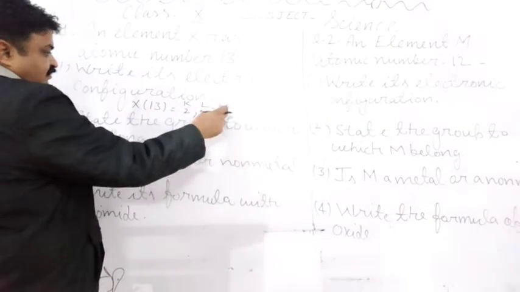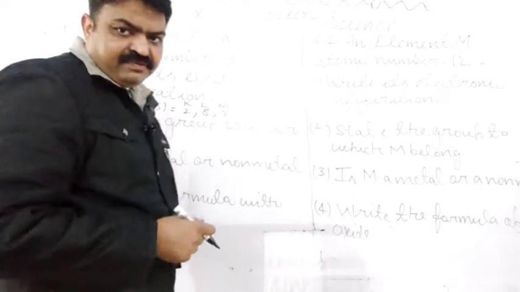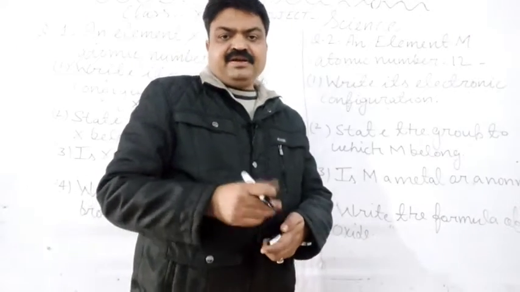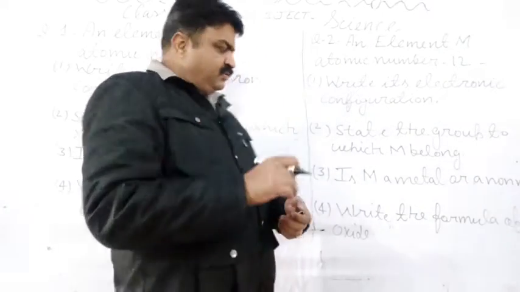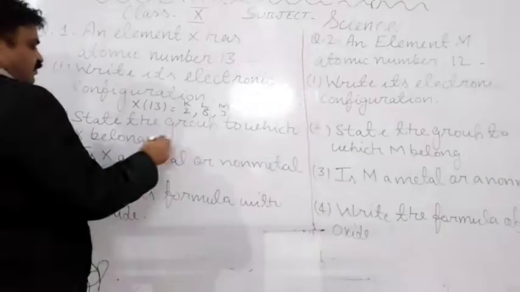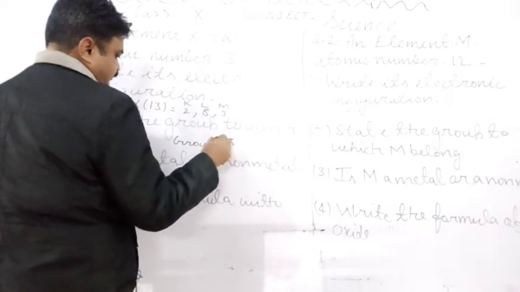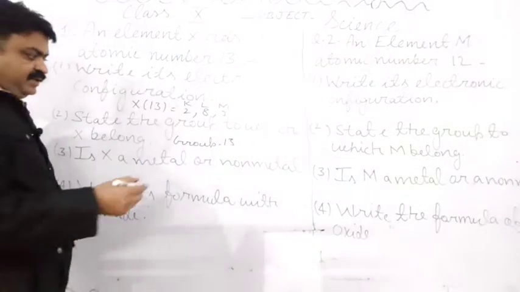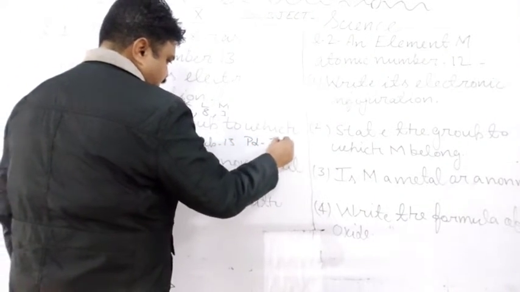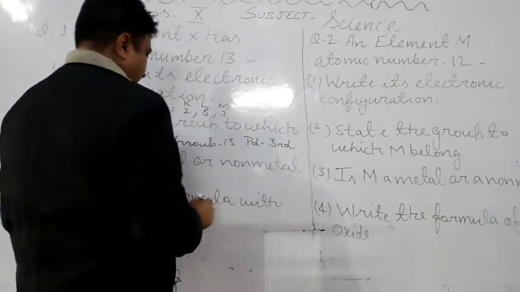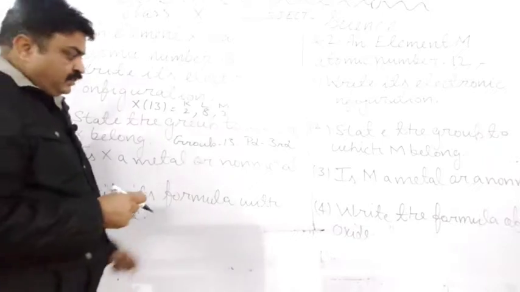So we add 10 to the 3, and we get the group of aluminium. So its group is 13. And what is its period? Period is third.